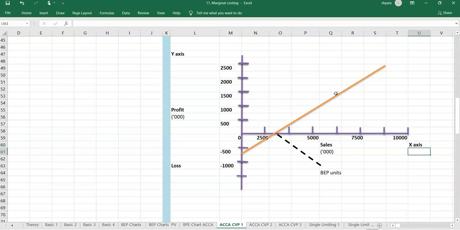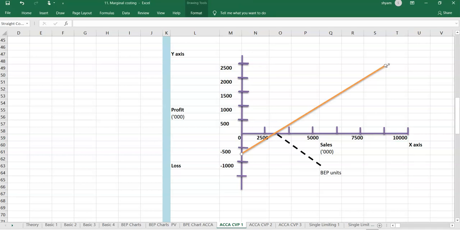So it's going to be like this. The center point would be, this is 75 and here it is 10, so the center point should be 8,250.